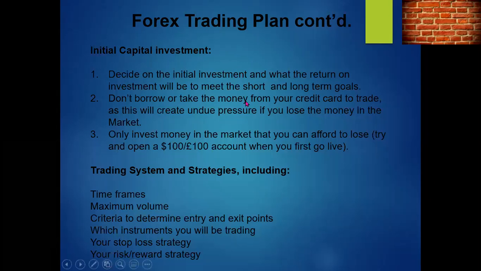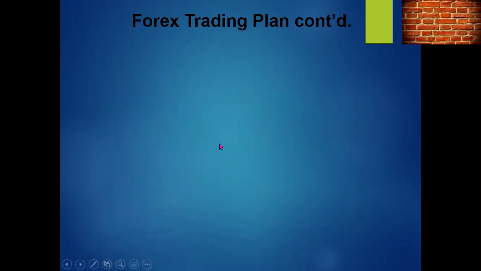So here we've repeated all of this, so I won't go through this again. Stop loss strategy, risk reward strategy. Stop loss strategy, what percentage of your account would you be prepared to lose per trade? You can document that again in your trading plan.